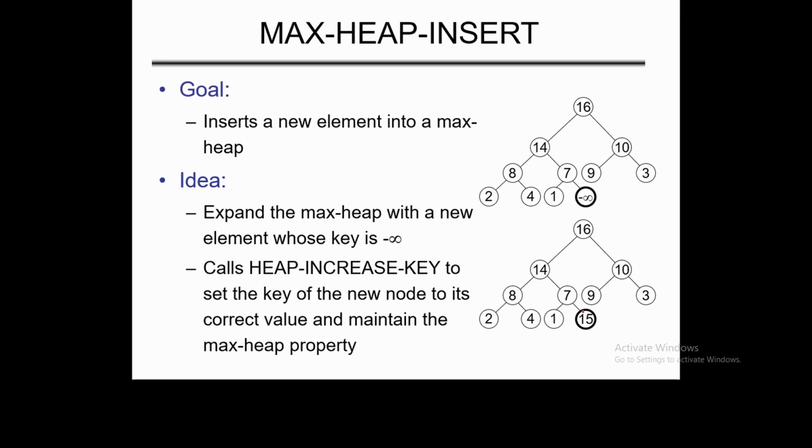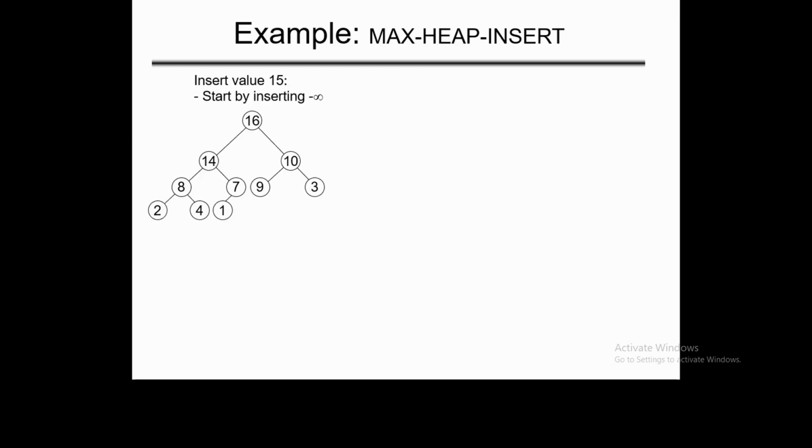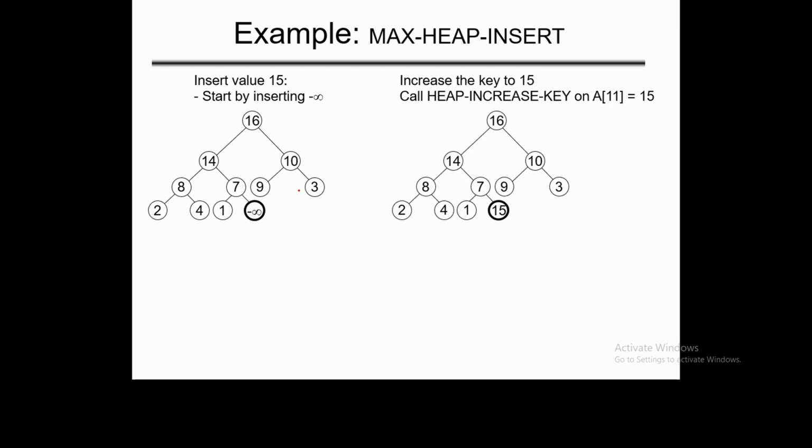Okay, so this 15 will be inserted here, and then again the same process will happen. We will just go to the root and place it at its accurate position. So start by inserting minus infinity, then call heap increase key on a of 11. This is a11: 1 2 3 4 5 6 7 8 9 10 11. So a11 equals 15.